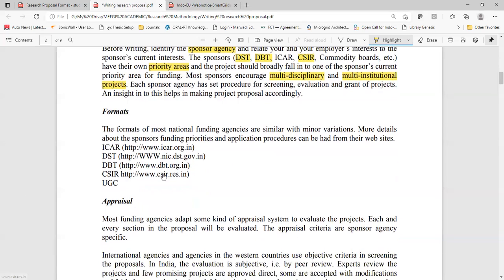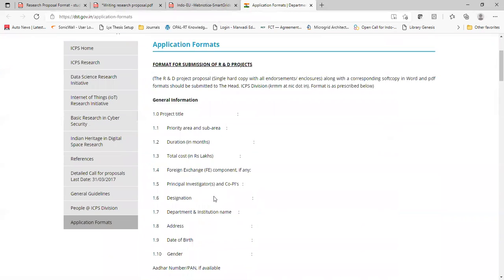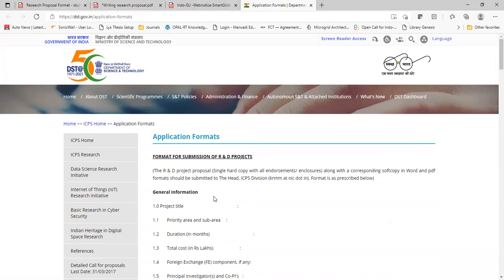Fine. So these are websites where you can go and find out formats. For example, do you see this format? Okay.